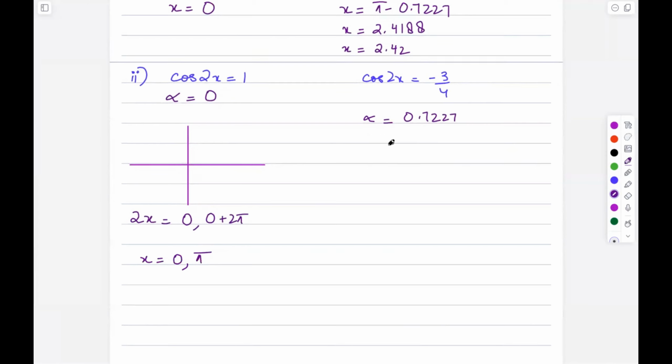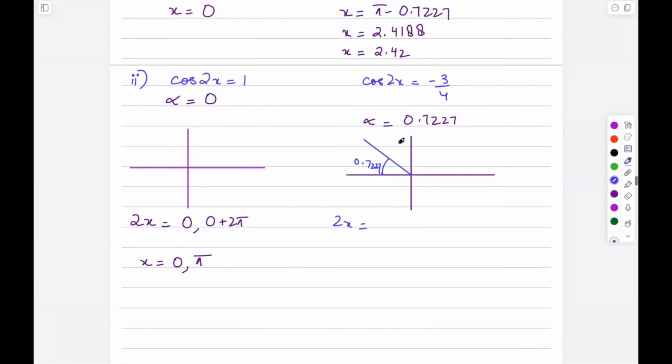Now when the basic angle is 0.7227 and it is a negative value, we'll make 0.7227 over here. So one value that we already had from the previous part was 2x equals 2.42, and we can make 0.7227 in the third quadrant as well, as cos is negative in both of these quadrants.